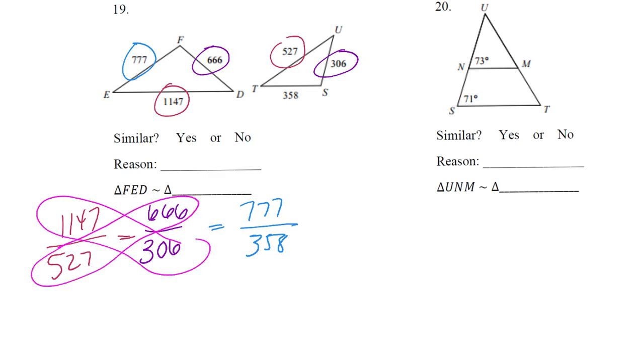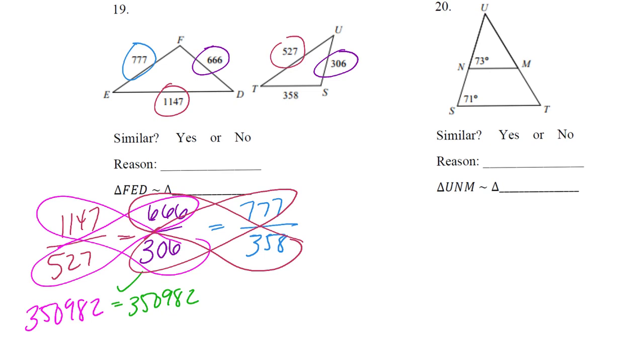That's okay. So 1147 times 306, these numbers are massive, 350,982. And then 527 times 666 is 350,982. So it works here. All right, let's check the next one.